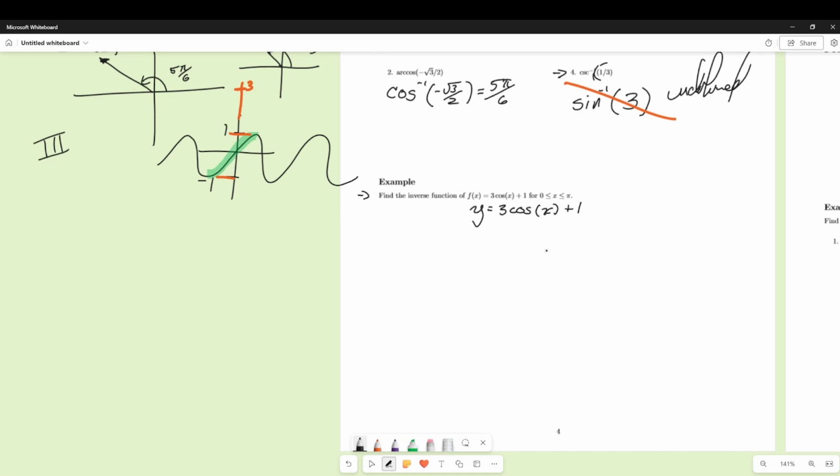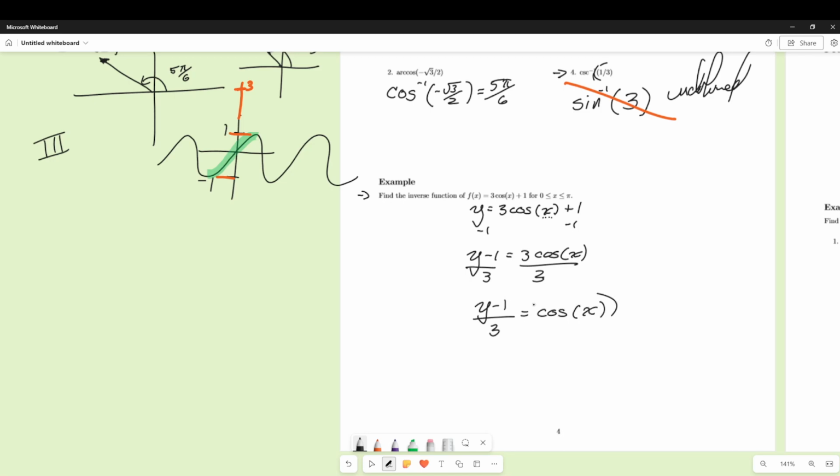And the nice thing is, most of the tools that you've been playing with for solving work. If we're trying to solve for this x, well, you subtract 1 from both sides. Y minus 1 equals 3 times the cosine of x. Divide both sides by that 3.